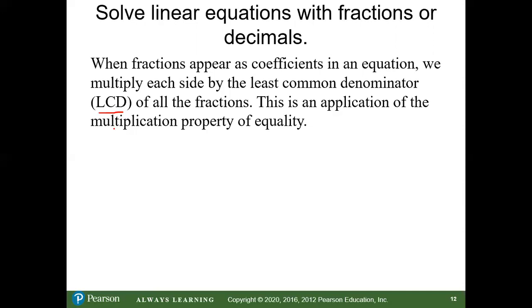You're going to have a 2 down there, a 7 down there. Later on in the course, you're going to have an algebraic expression in your denominator, and you're going to have to be able to figure out what the LCD is in order to solve those complicated equations that I'm going to give you. But for now, just embrace the sunshine and rainbows with the numerical nature of our denominators, and we'll hopefully solve those with little to no struggle.